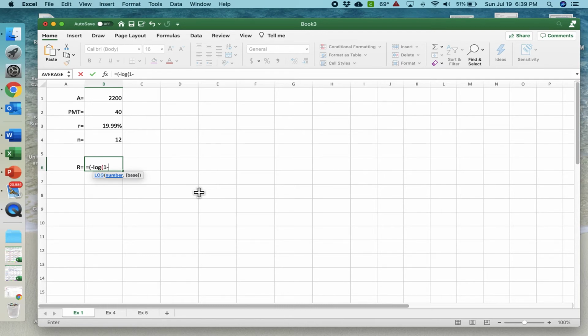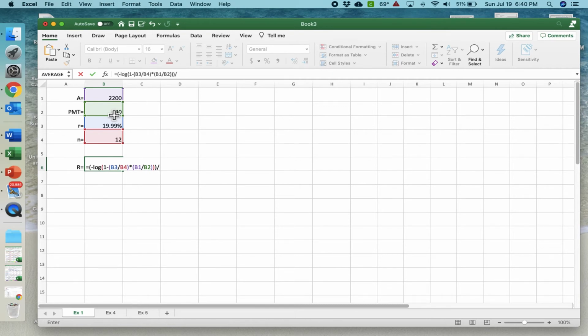So 1 minus R divided by N, in parentheses, times A divided by the payment, in parentheses. And then we'll close the log parentheses and close the top parentheses.